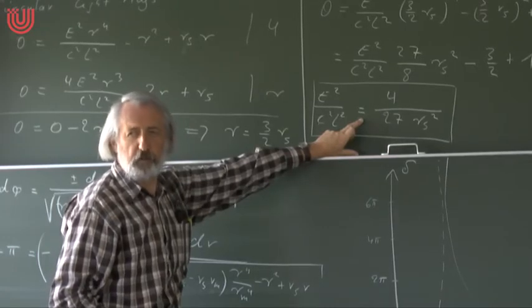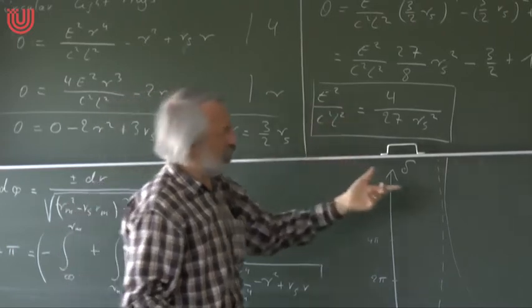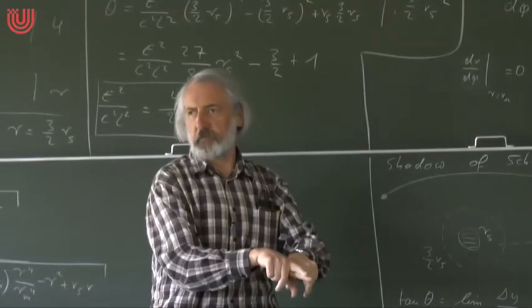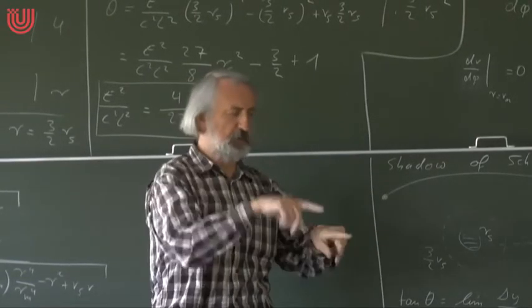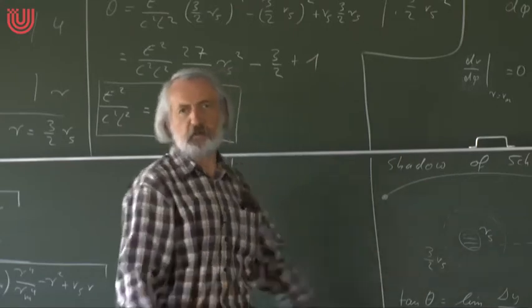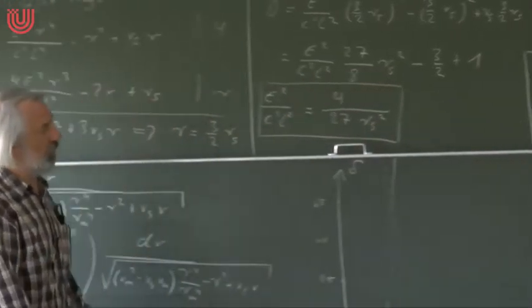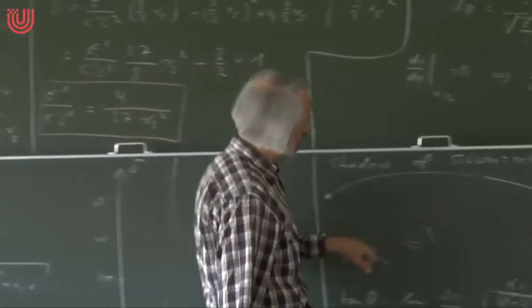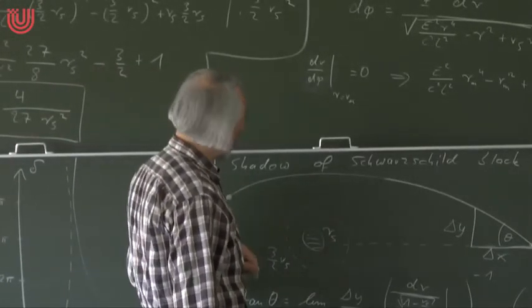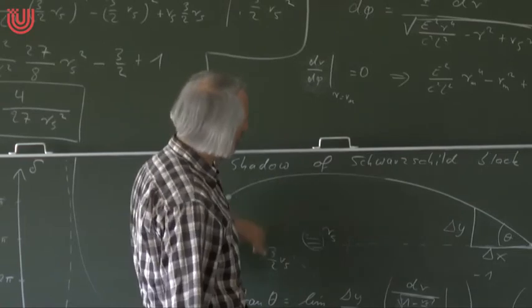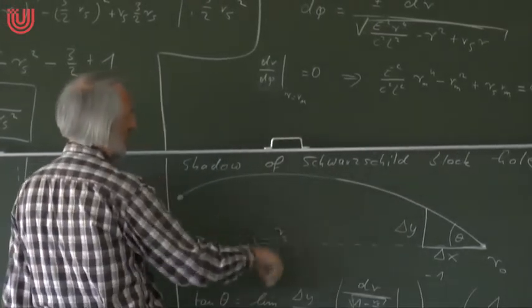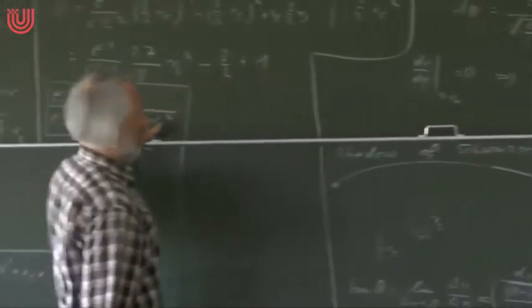Is that clear? Because they become more and more tangent, and the constants of motion are related to the initial condition, to a tangent at any point. If the tangents in the limit become equal, then the constants of motion must be the same. So the constant of motion of this limit circle must be the constant of motion of the light ray which gives the boundary of the shadow, the light ray which just spirals asymptotically towards this circle.